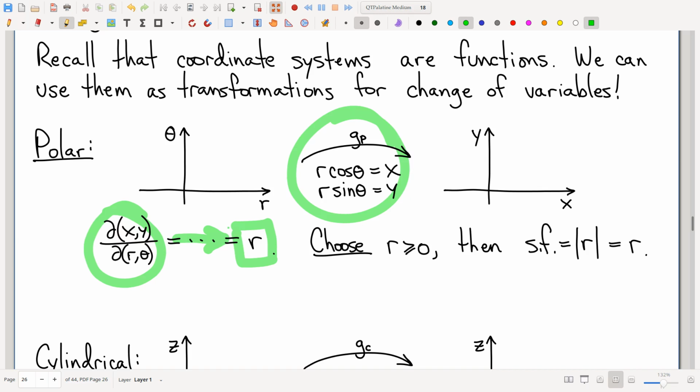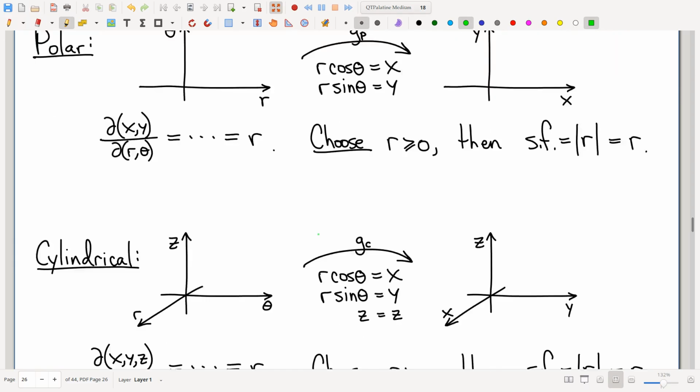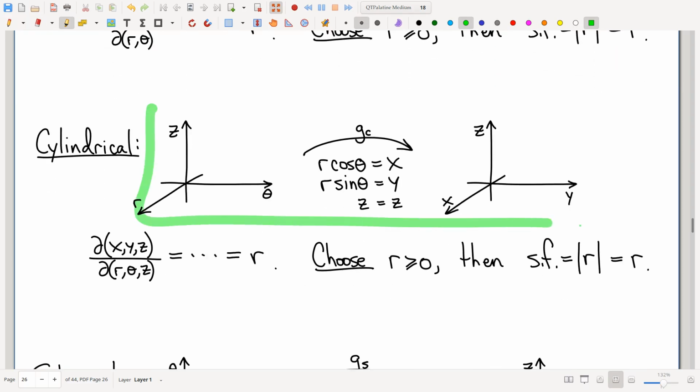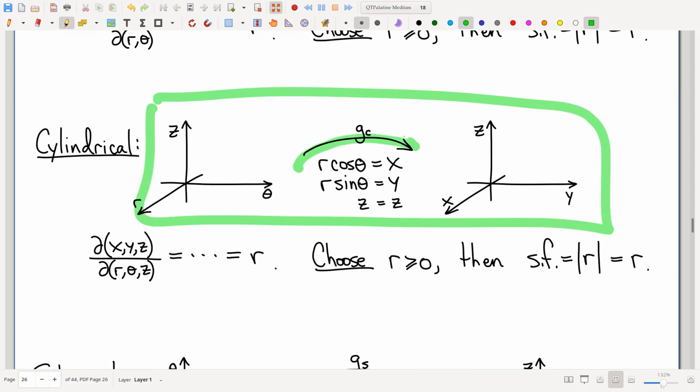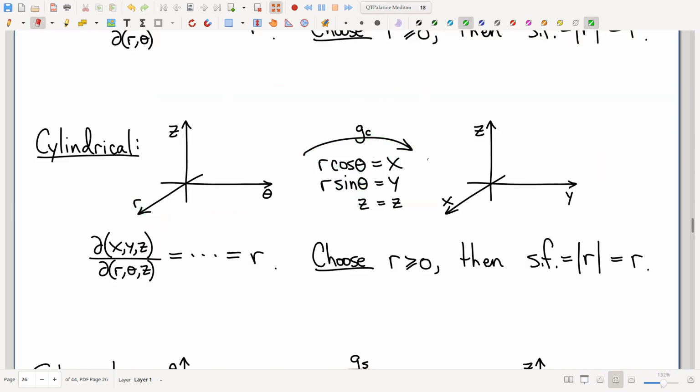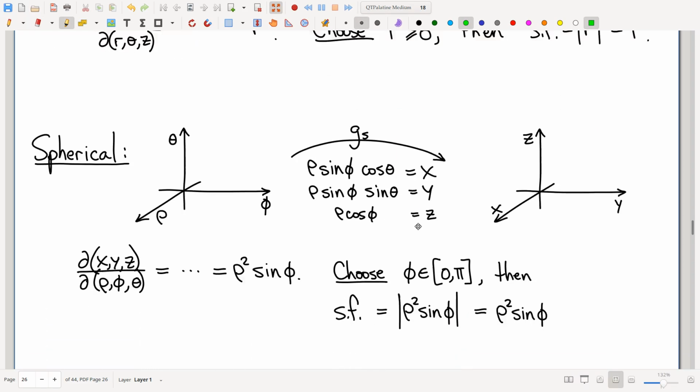All right, now you can do likewise with the other coordinate systems, right? So cylindrical coordinates, again, you can think of as a function. r, theta, z are your inputs, x, y, z are your outputs. Old formulas that we've known since near the start of the course. Likewise, spherical coordinates.